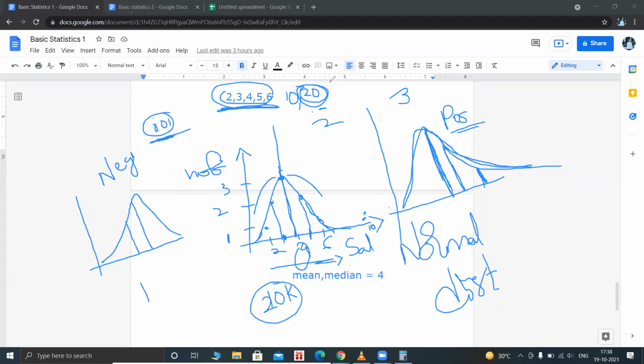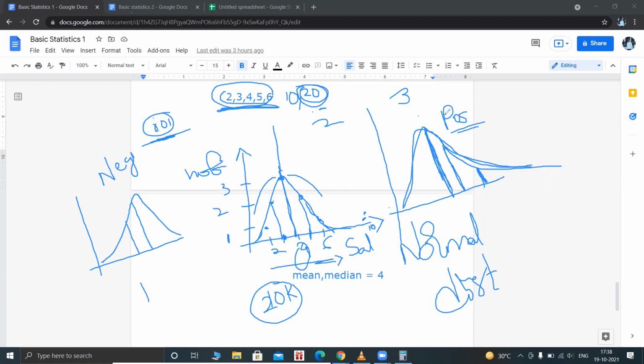If I have an extreme high value like 20, my mean got shifted towards the right. If I have an extreme low value as an outlier, my mean got shifted to the left, right? So two diagrams have outliers.